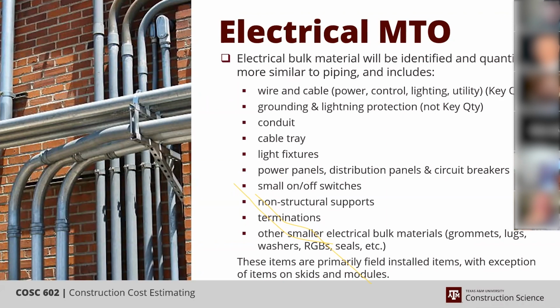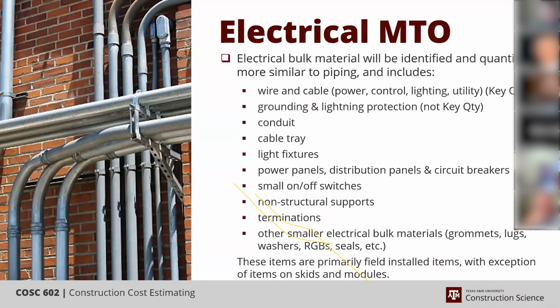The primary concept is that the cable that you are keeping as a key quantity is the cable that's going to be carrying a current on a regular basis. Grounding and lightning protection will only be carrying a current if there's a lightning strike or there's a short or something of that nature. They're not directly affiliated with the process. Most of your key quantities are really focused on, do they relate to your process?